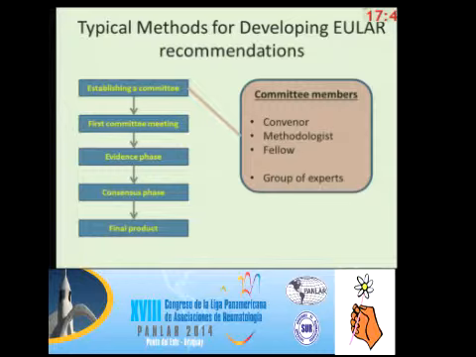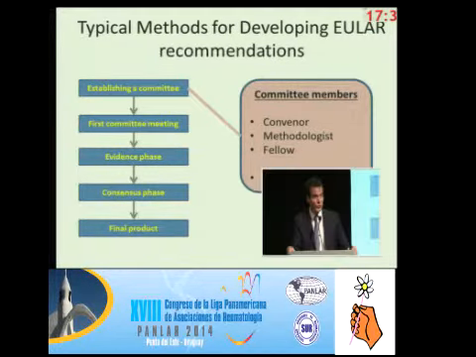Also, the methodologist should be experienced in Delphi process and consensus methodology, because that's very important. If you don't have a clear idea of how to do that, you will definitely get lost at the consensus phase without a clear guidance and clear consensus process.